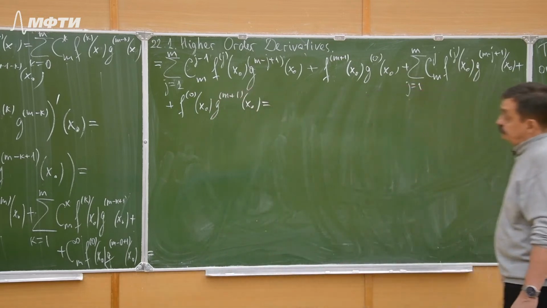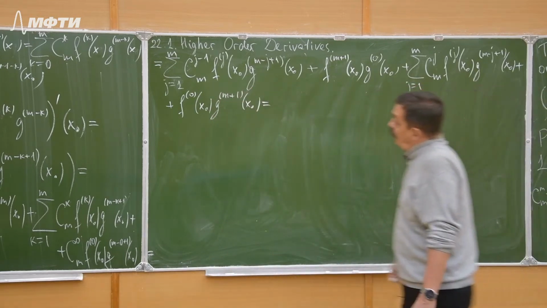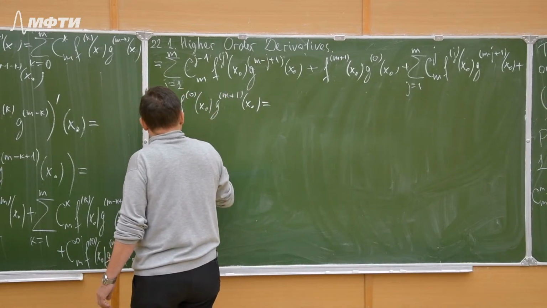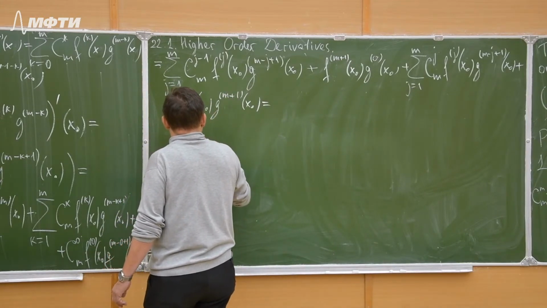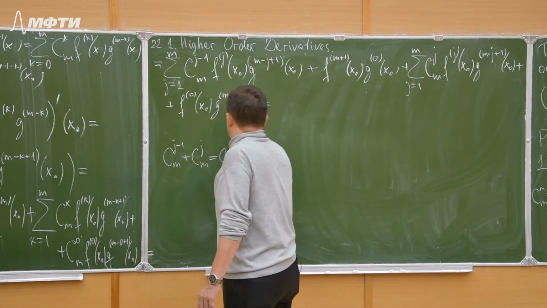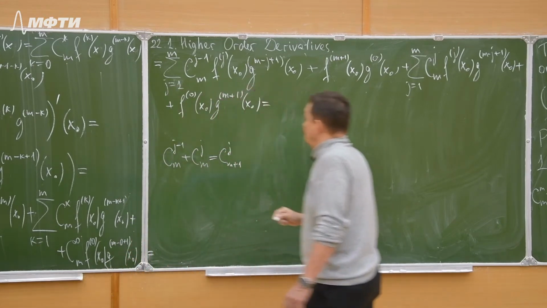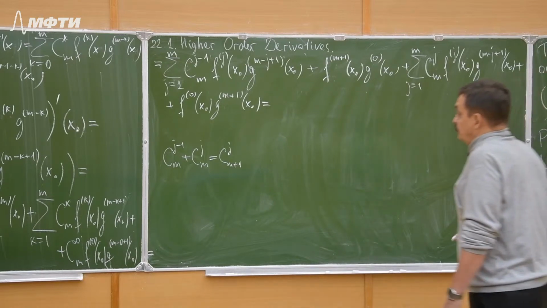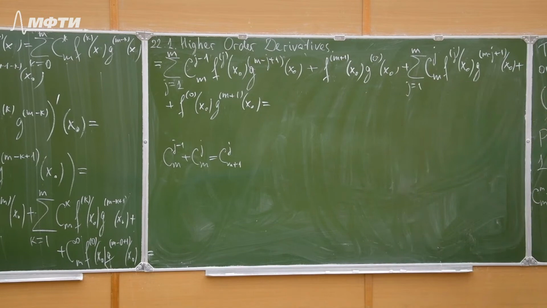Now, I'll use the following property. C(m,j-1) plus C(m,j) equals C(m+1,j). We proved that property while we considered Newton's formula. It's the same. Or maybe I used that notation, doesn't matter.